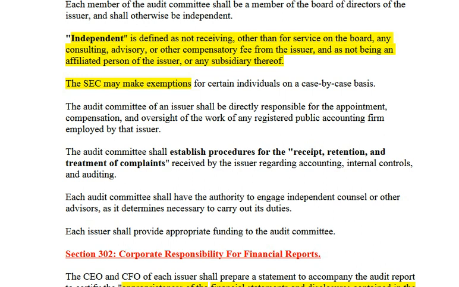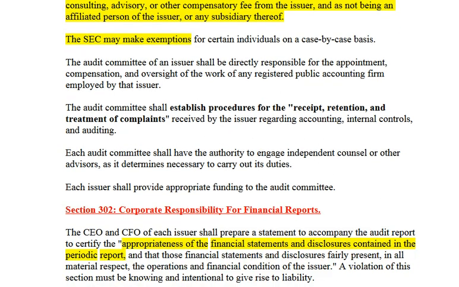Independent is defined as not receiving, other than for service on the board, any consulting, advisory, or other compensatory fee from the issuer, and as not being an affiliated person of the issuer or any subsidiary thereof. The SEC may make exemption for certain individuals on a case-by-case basis.